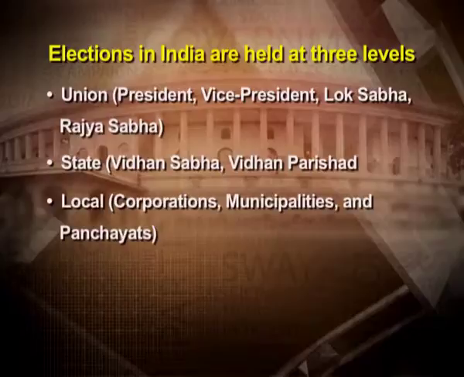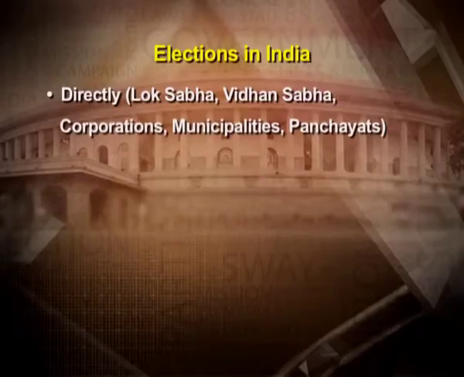held in India. Most elections are direct elections, whether it is the election to the Lok Sabha or election to the Vidhan Sabha or the corporations, the municipalities and the panchayats. All these elections are direct elections. What are direct elections? Where people directly vote.